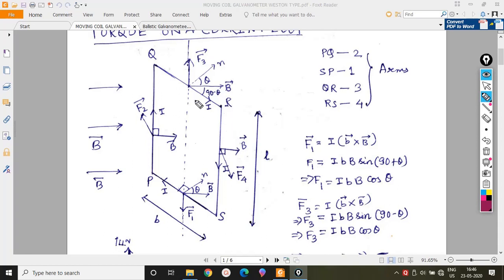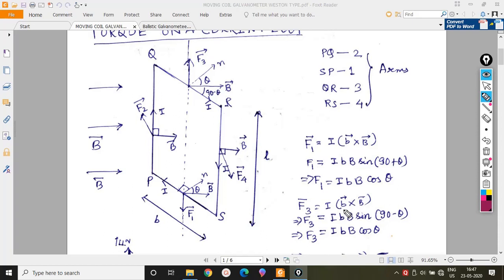Current flows in the direction of Q to R, and here we have given the force a name F3. Why F3? Because it is arm number 3. So in this case you will try to find out the expression for force. This time it will be F3, and what will be its expression? It will be capital I small b cross capital B. Why small b cross capital B?